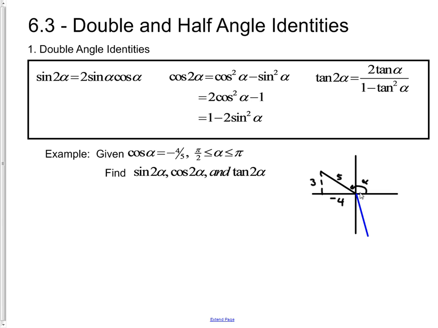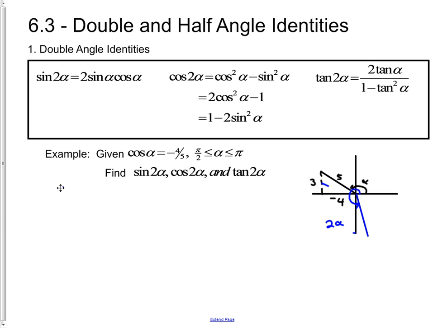So not being really sure, I'm just going to draw sort of a representative 2 alpha right here. It means double the angle. Take whatever angle this is, double it. If it were 150 degrees, we would double that and get 300 degrees, and so on. But whatever angle it is, we're doubling that, and now we're going to find the sine, cosine, and tangent of that double angle. So that's what we're really interested in here, and this is where the formulas come in.